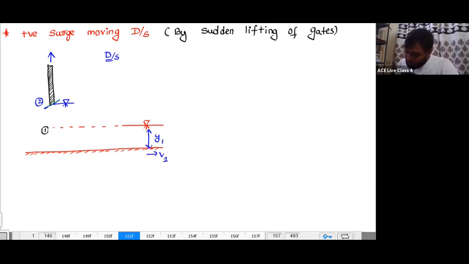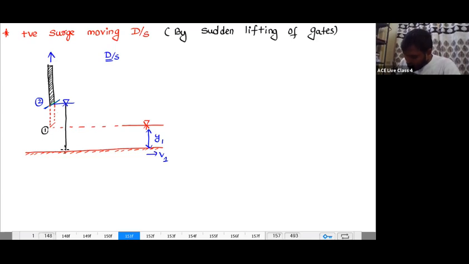Now, if I lift the gate suddenly from here, this is 1 and this is 2. What is the depth of flow here? The depth of flow is no more y1, because more water will come to the downstream side.